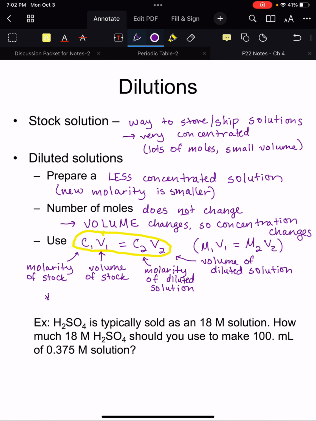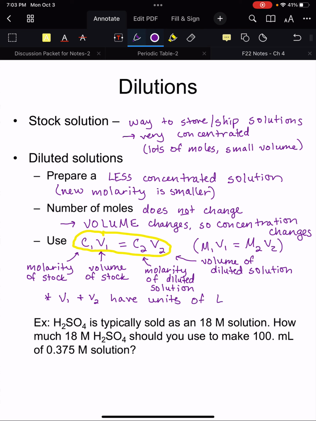And while we're here, let's talk about the units. So the C1 and C2 have units of molarity. V1 and V2 have units of liters.